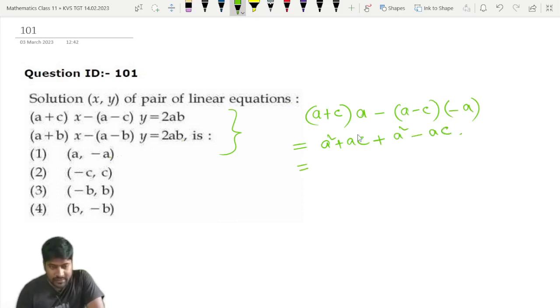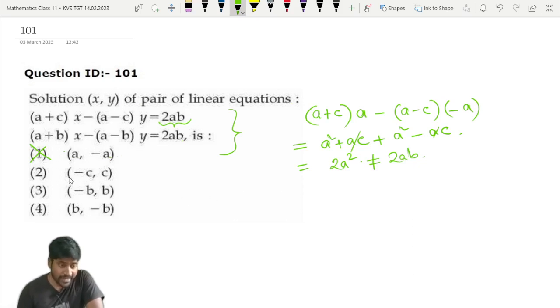So ac will be cancelled, giving 2a square. That is not equal to 2ab, as the right hand side you can see 2ab is there. So it is 2a square, not equal to 2ab. So option 1 cannot be correct. Option 1 is discarded.